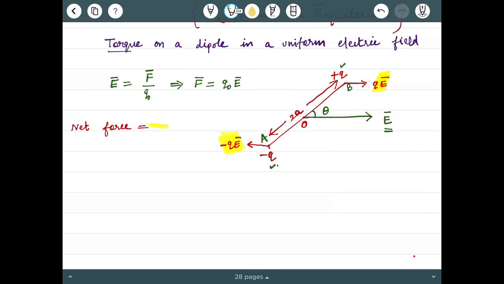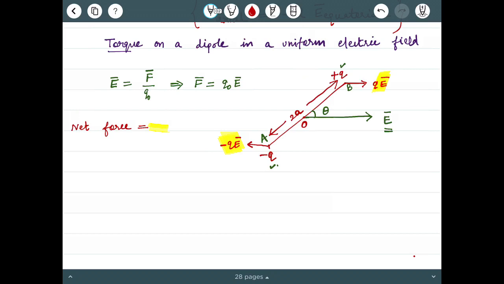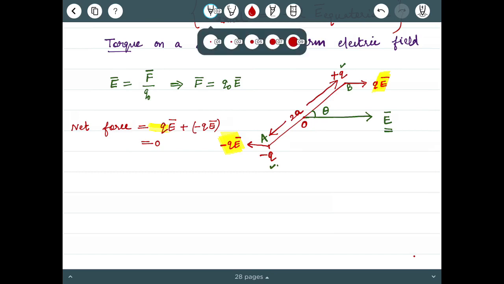So qE and minus qE, the result will be 0. So net force on this dipole is 0, and since the net force is 0, there will be no translatory motion.